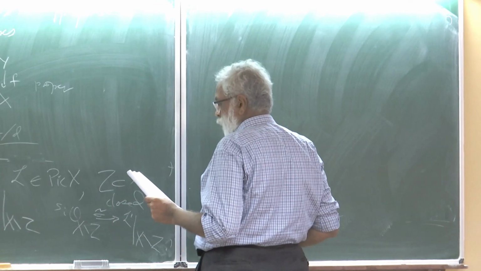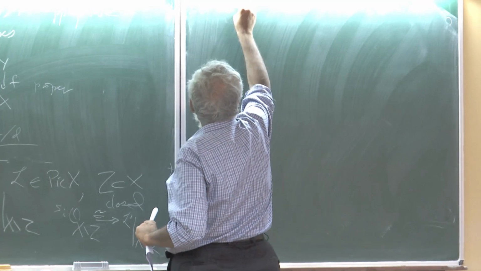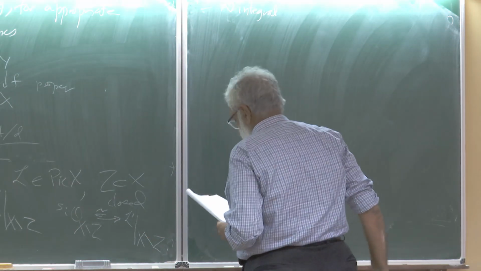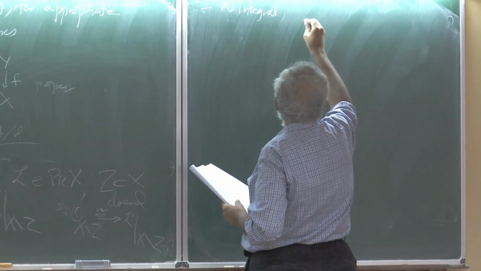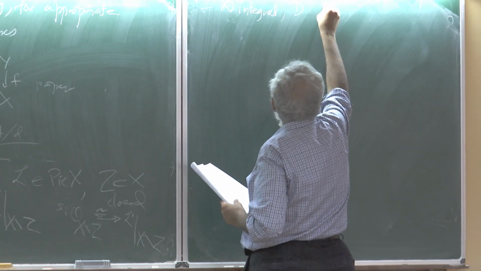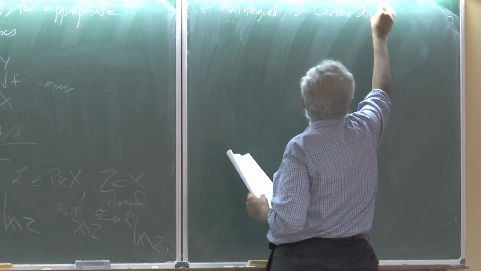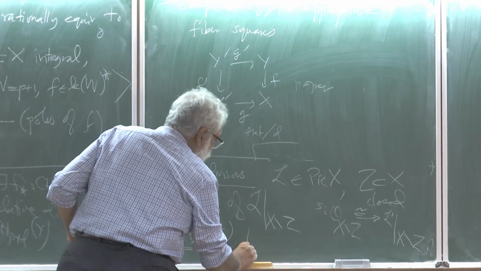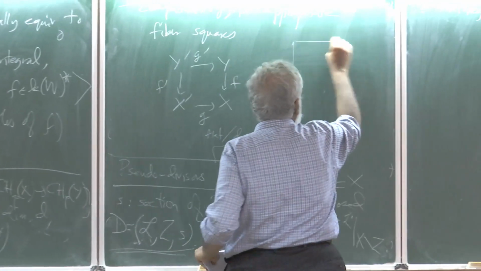So what are the different properties of this? If X is integral, D is a Cartier divisor. Here I should have said there's a notation for the pseudo divisor.